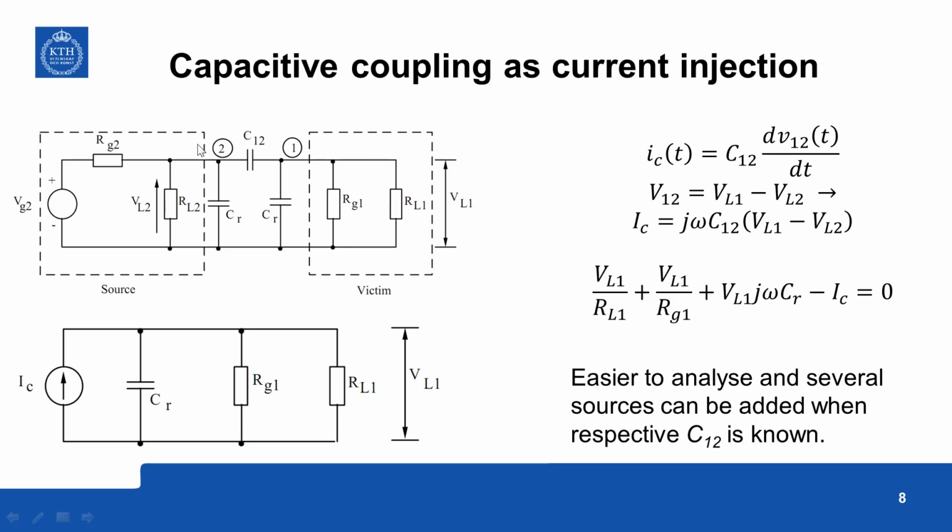The whole thing, the current entering here, we write as IC. This way it is easier to do the analysis, and several sources can be added when the respective C12 is known. So you can have one circuit here, then another current source here, another current source there. So you can have many lines and you can easily connect these sources.